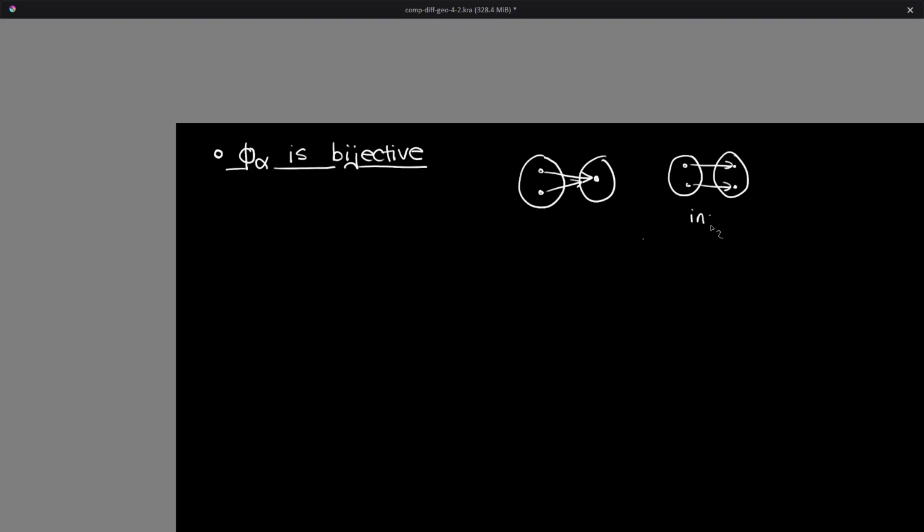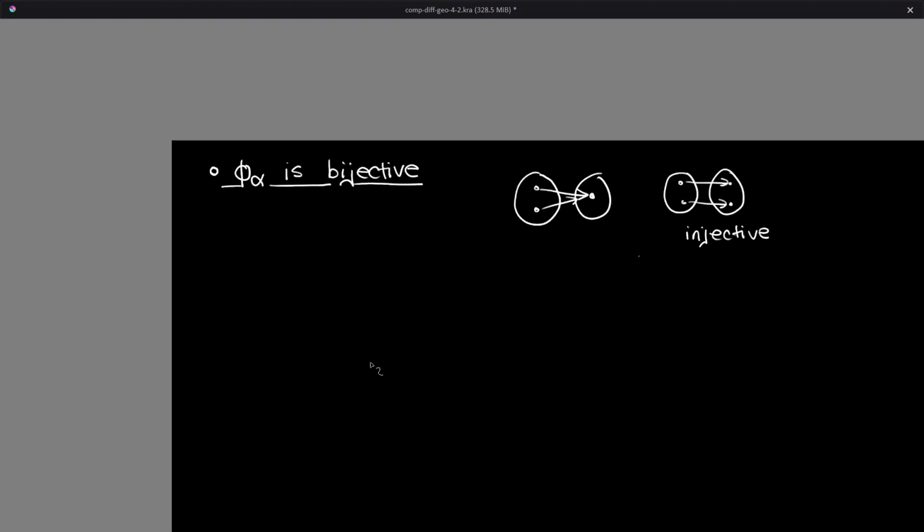So this would not be an injective function, and this would be an injective function. That's what we're trying to prove. Each output only has one input. This is injective. And if it's injective and it's surjective, then it's bijective.